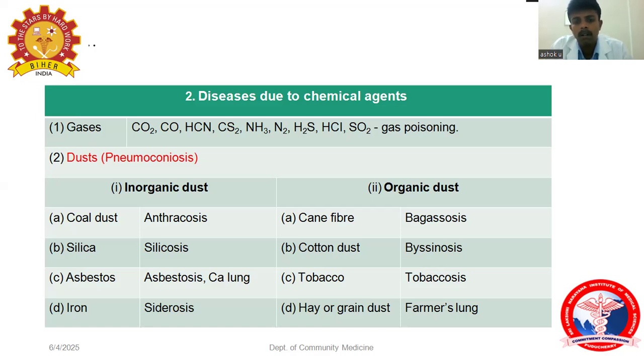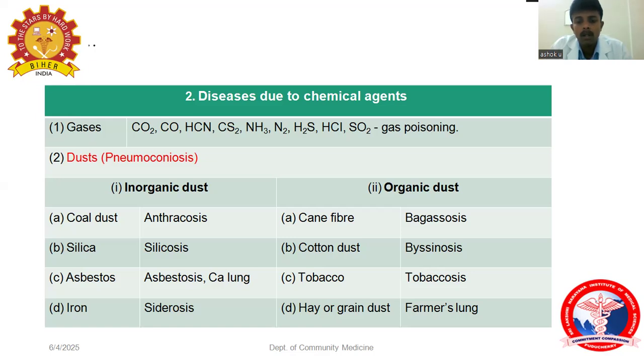That is organic dust. That is cane fiber, the sugarcane fiber, which is the end product of harvesting of sugarcane, after all the sugar has been removed. That can result in something called bagassosis.